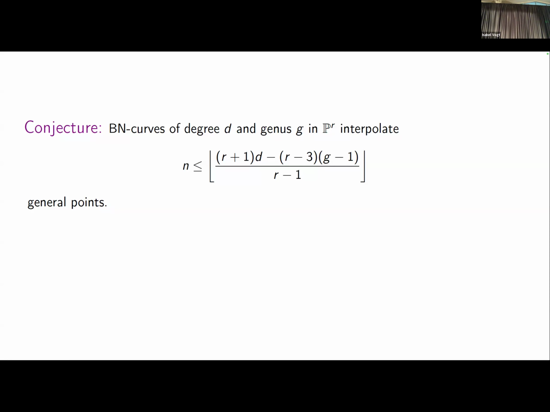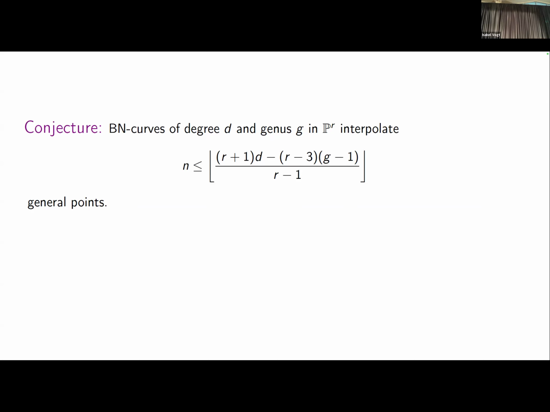Yes. The question is, is it clear when you go to the boundary that it holds?